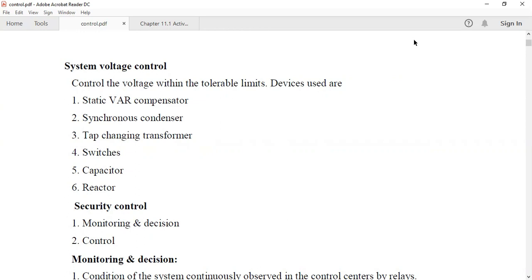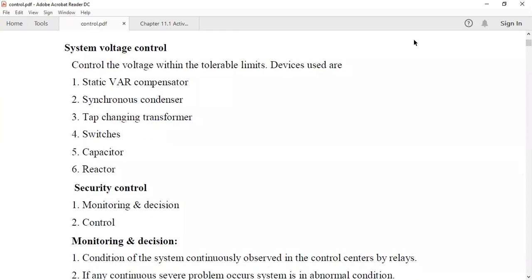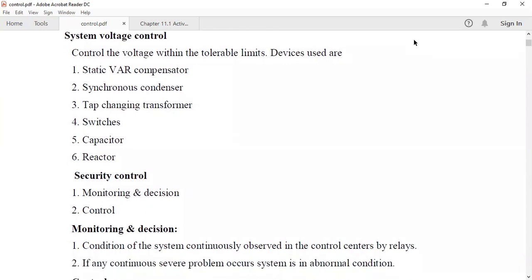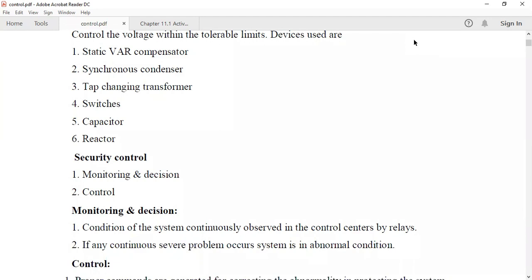Then comes the part of security control. In this, the system is first monitored. Depending on the state of the power system, that is, we have different states of the power system: normal state, abnormal state, emergency state.